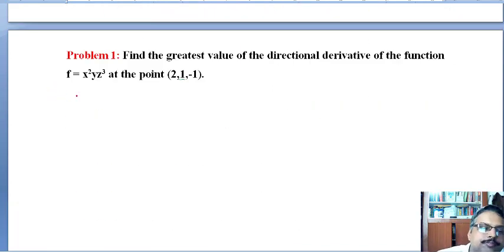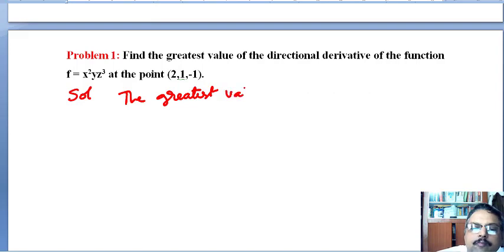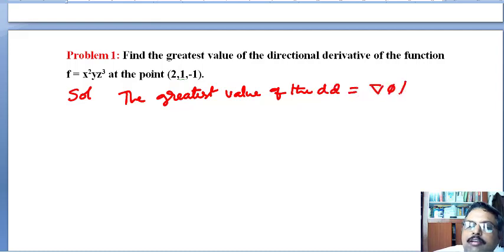Now solution. Find the greatest value of the directional derivative of the function at the point. What is the formula? The greatest value of the directional derivative equals modulus of del phi.